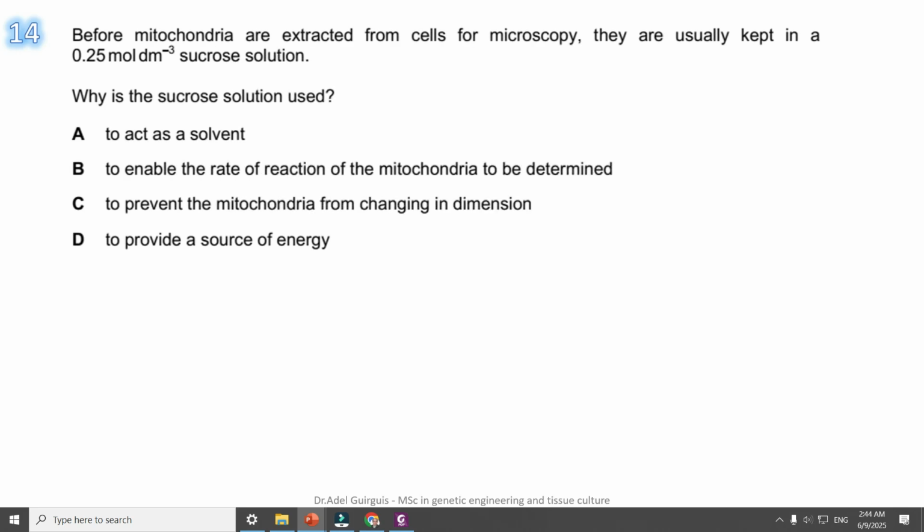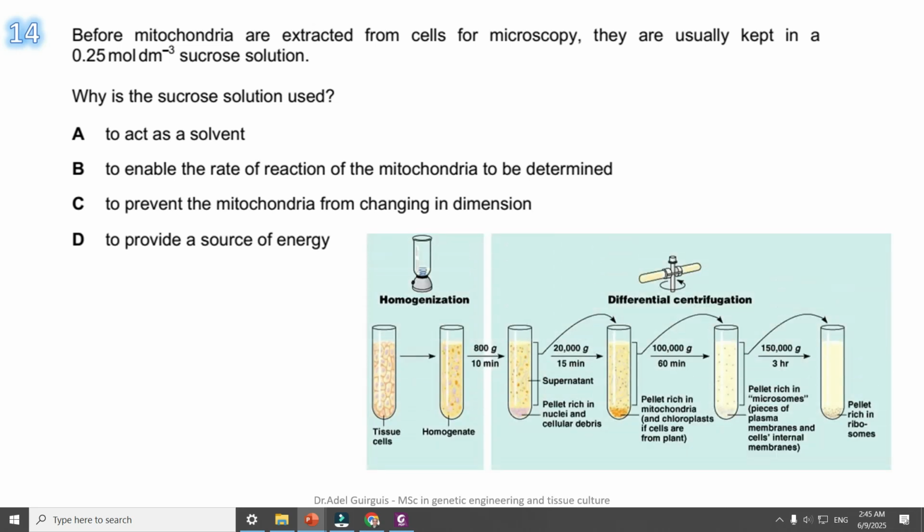Okay. Number 14. Before mitochondria are extracted from cells for microscopy, they are usually kept in 0.25 mole per liter sucrose solution. Why is the sucrose solution used? Extraction of mitochondria or any other organelles from any cell depends on a technique called cell fractionation.